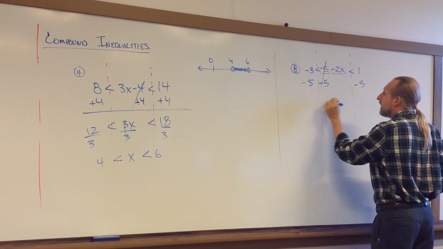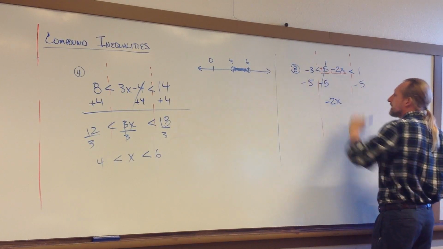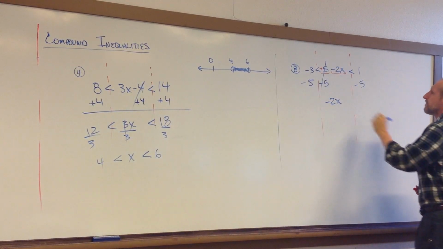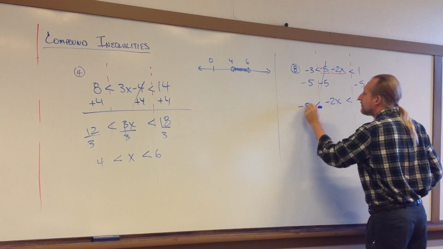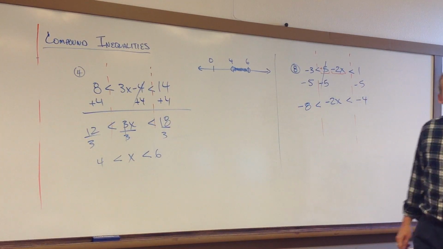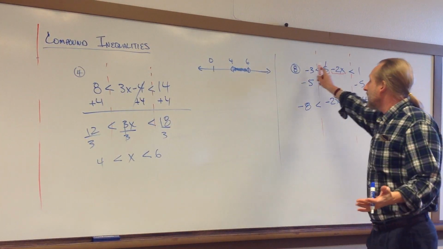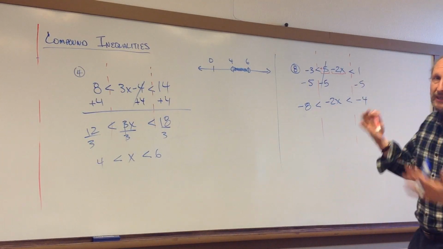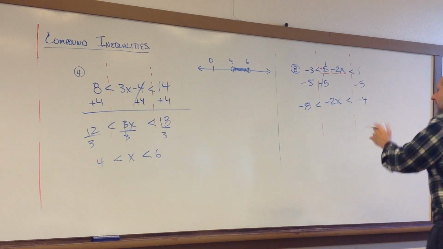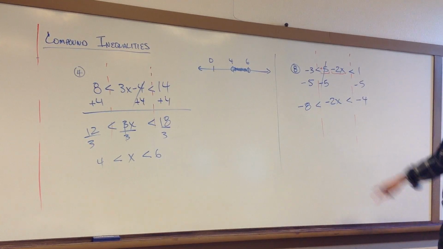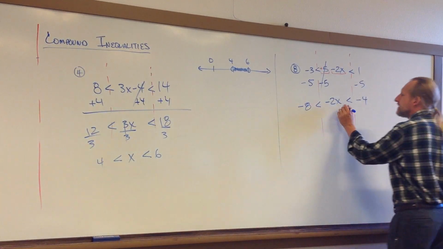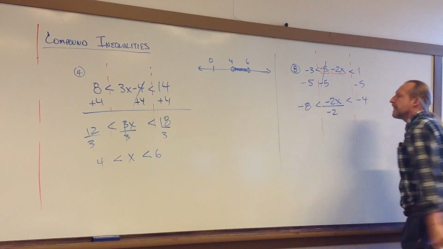So those cancel out. Don't lose the negative sign that's attached to the 2. We'll have -2x, -4 here, and -8 over here. And again, if you're not sure about adding and subtracting these positives and negatives, please check it out with your calculator. Okay? Now to get this x by itself, we need to divide by -2.